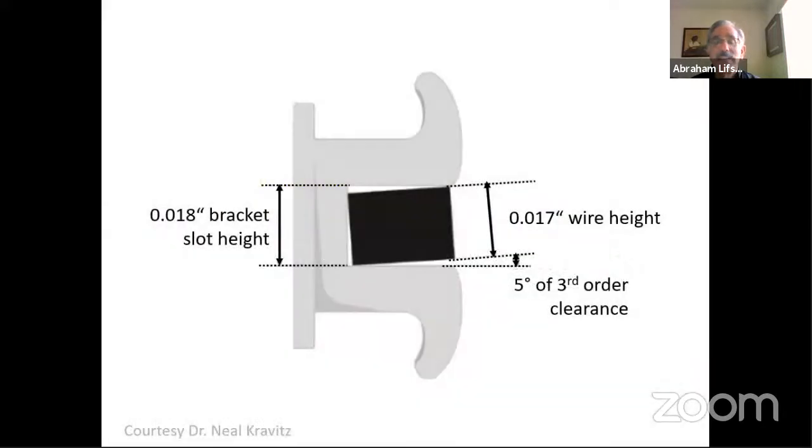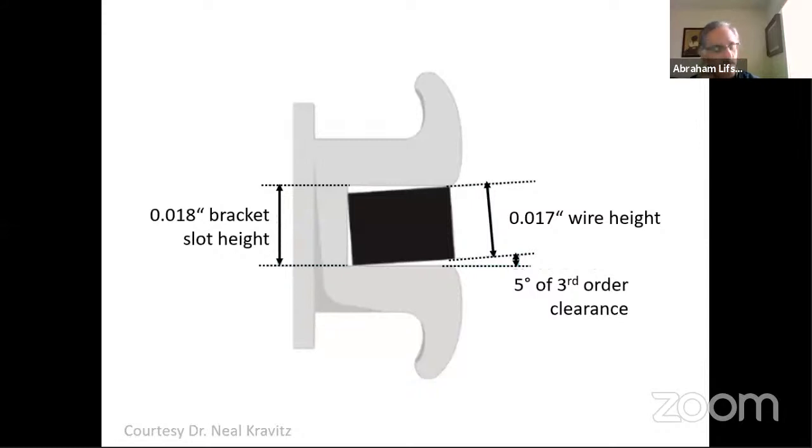What does it mean? For every thousandth of an inch between the wire and the slot, you are going to lose 5 degrees of torque.